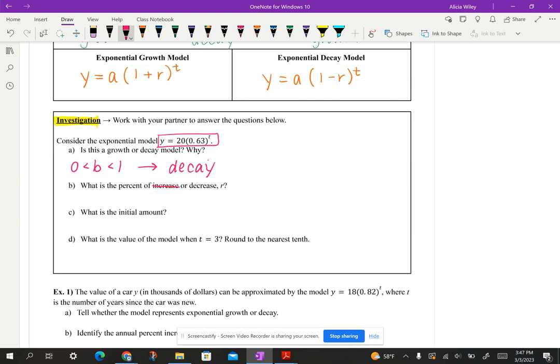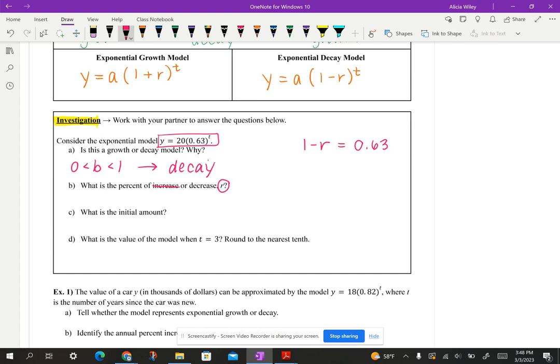When they're asking you for the percent of increase or decrease, they're asking you for the value of r. And remember, r is part of the parenthesis. So basically what you have here is 1 minus r. So I'll do this work over here. 1 minus r is 0.63, right? So you could solve that for r.